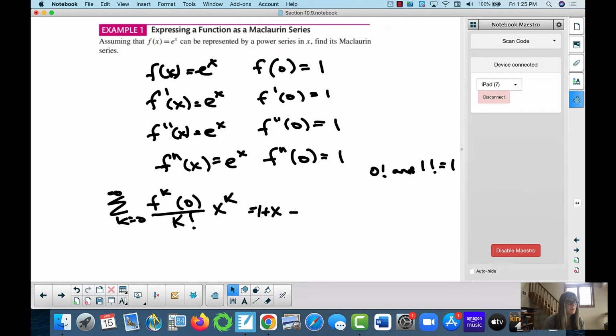My second term is going to be x. My third term is going to be x squared over 2 factorial. Then x cubed over 3 factorial, and so on.